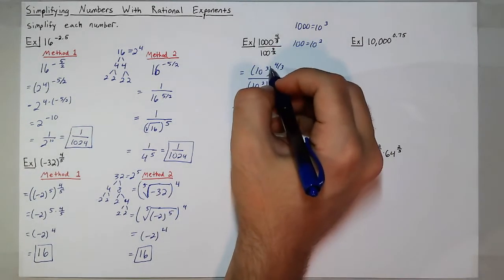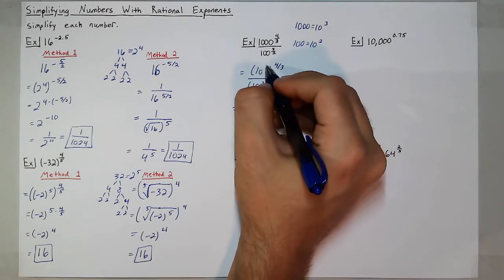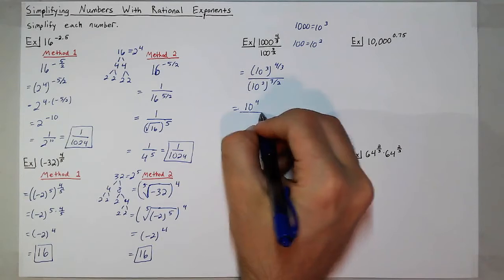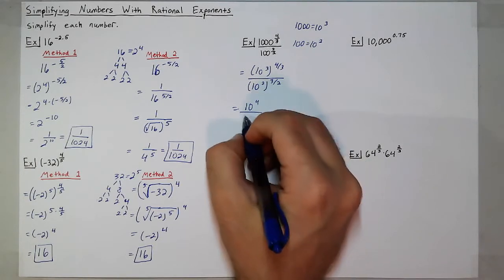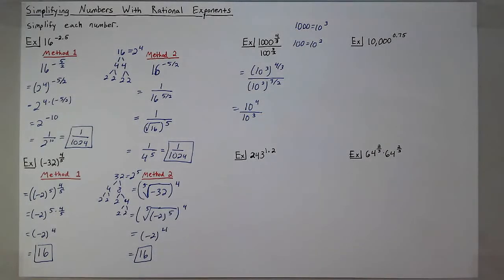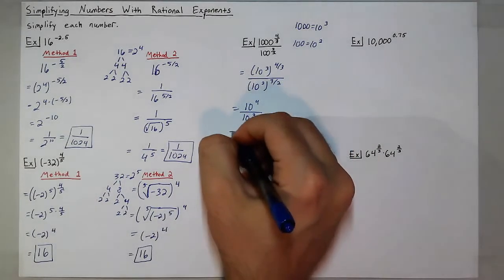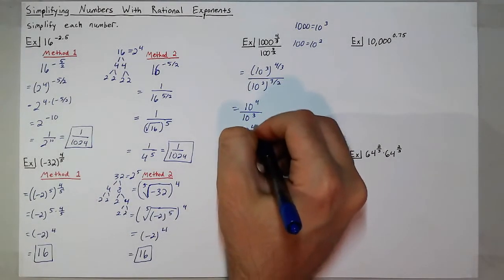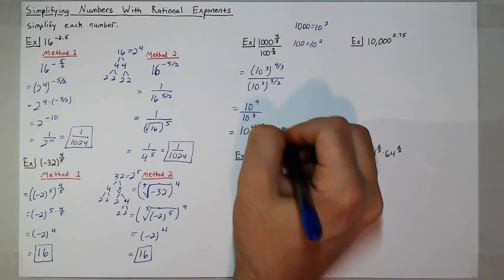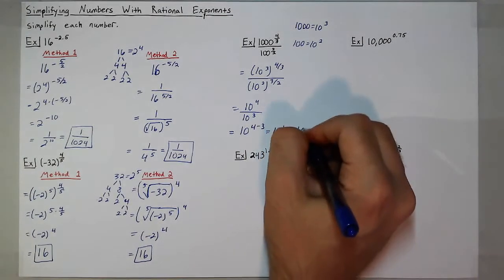Multiplying these together, I get 10 to the 4th, because 3 times 4/3 is 4, divided by 10 to the 3rd, because 2 times 3/2 is 3. Now I'm dividing, so I can subtract the exponents. So 10 to the 4 minus 3, which is just 10 to the 1st, which simplifies to 10.